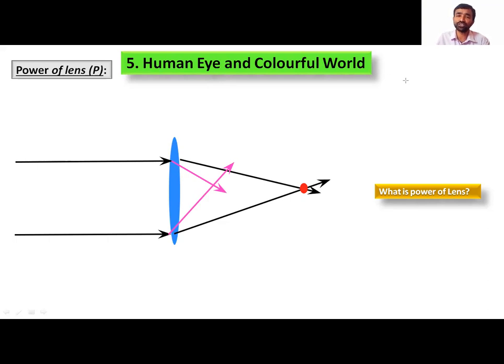I want to change this converging point here. Can you change that focus of the lens? Or I want to change that focus to here.